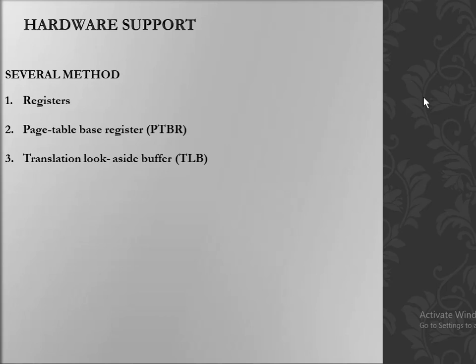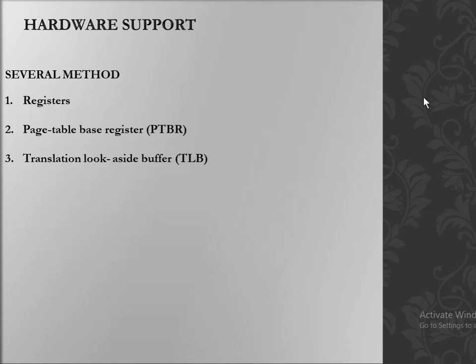But in the translation lookaside buffer, first we see the TLB table. If that page number is present in that table, you can identify the corresponding frame number. By using that, you can construct the physical address and identify that particular frame, right?